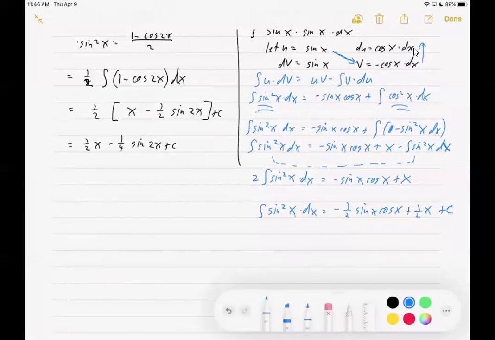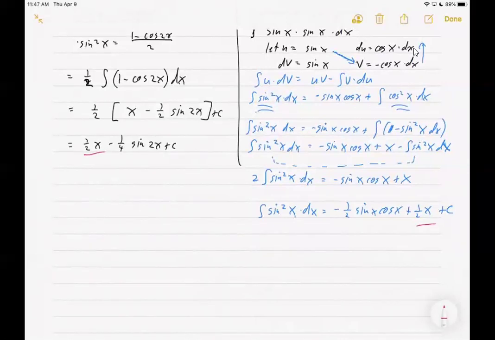What I want to point out is these are actually the same answer. Okay, so 1/2 x and 1/2 x agree nicely, plus c and plus c agree nicely, obviously, but I have a minus 1/4 sine of 2x here, and I have a 1/2 sine x cosine x here. Well, you had a trig identity that you may have forgotten about since your sophomore year, where the sine of 2x could have been written as twice the sine of x times the cosine of x.